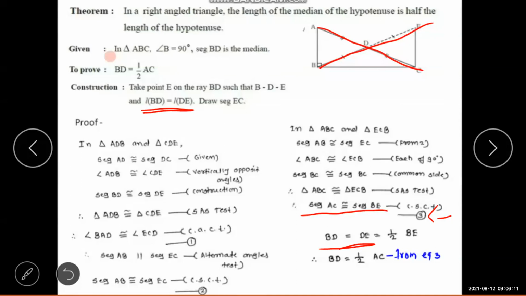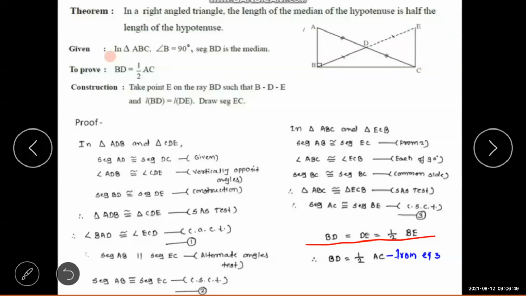And as D is the midpoint, we can write that when we do the half of this complete segment BE, we get BD or DE. So BD equal to DE equal to half of BE.